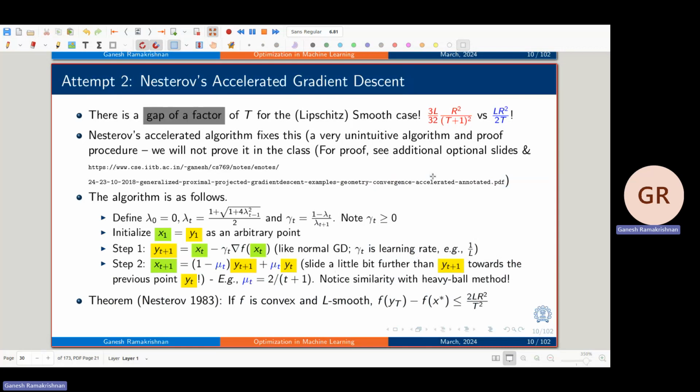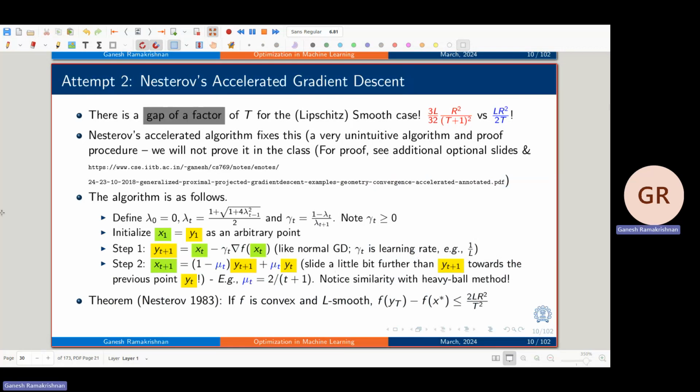Just make this correction, please. But it is of similar order, right? I don't think we will lose our sleep on this 32, so 3L by 32 L square by R square by T plus 1 square. We are fine with 2 L R square by T square. Okay.